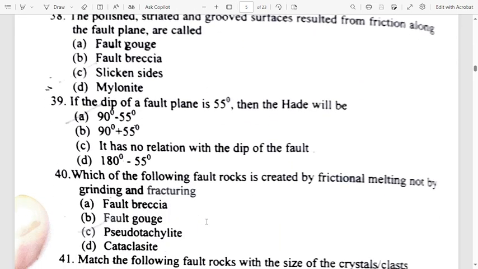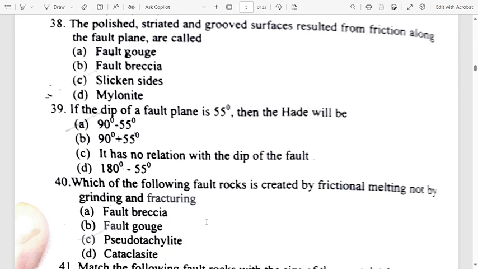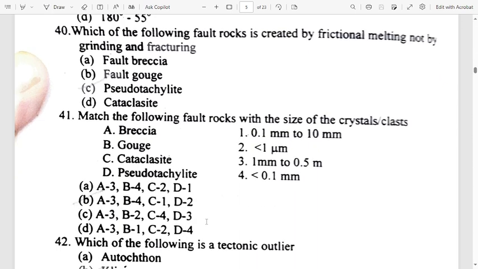Slip is not mentioned. The polished, striated, and grooved surface resulted from friction along the fault plane are called slickensides. If the dip of a fault plane is 55 degree, then the hade will be 90 degree minus 55 degree. Which of the following fault rocks is created by frictional melting, not by grinding and fracturing? Pseudotachylite. Match the following fault rocks with the size of crystal or clasts.